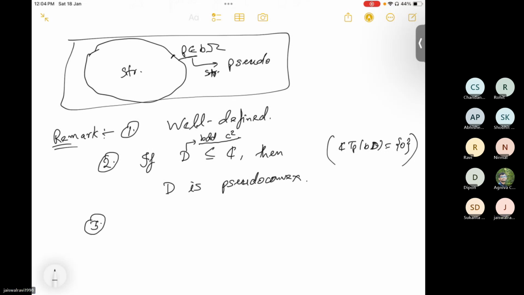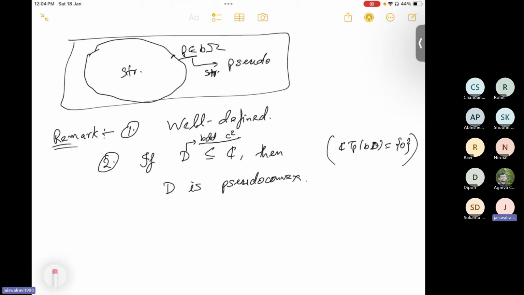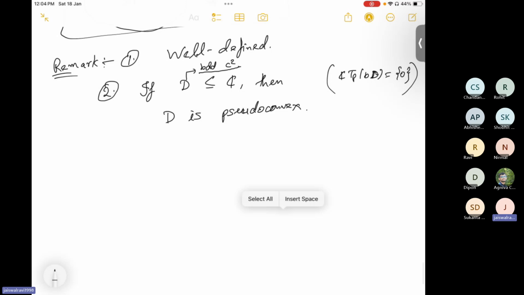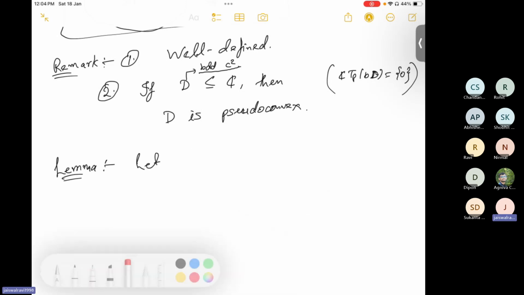Okay, so the third is a quick lemma. I will prove it in 2 minutes.